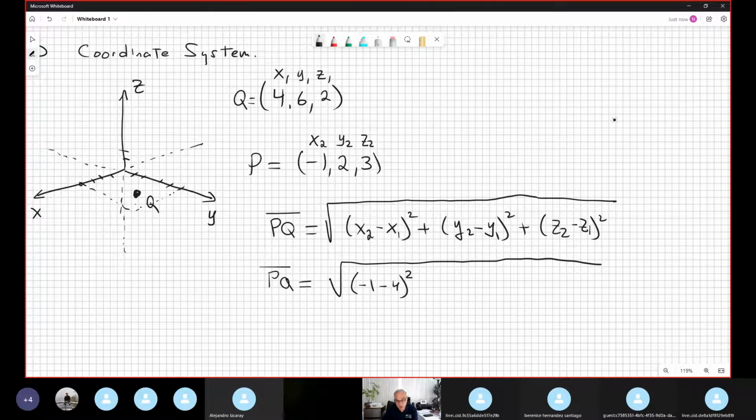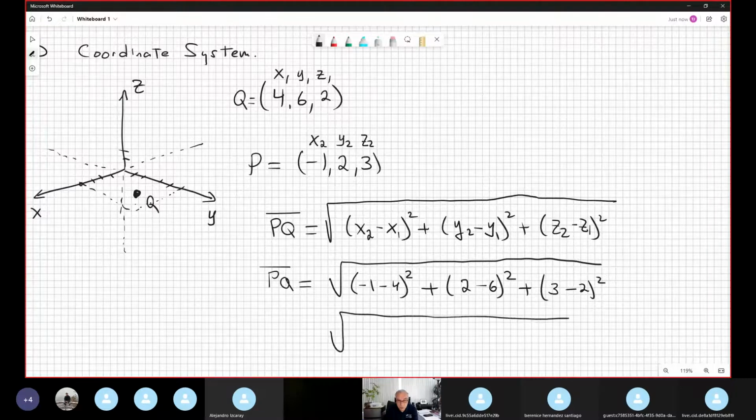Actually that is negative 5, and negative 5 squared is positive 25. Plus y2 is 2 minus 6, which is negative 4, squared is 16. Plus z2 is 3 minus 2 squared, which is 1. Actually, this is a square root.